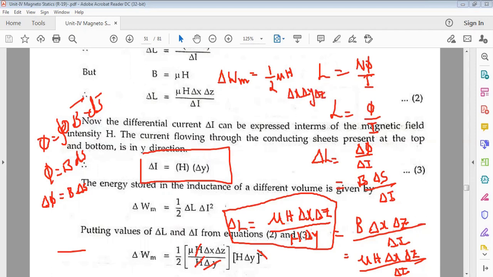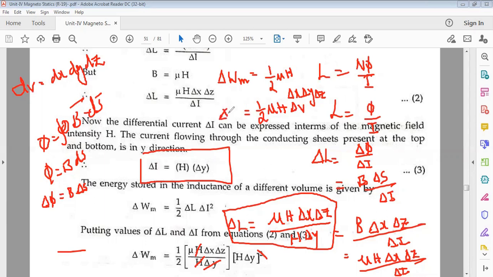So in the Cartesian coordinate system, dx dy dz is the differential volume. dv is equal to the product of the x differential element, y differential element and z differential element. So this we can also write as an incremental volume: 1/2 into mu H into delta V. Got it, my students?